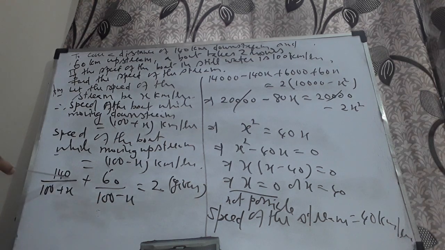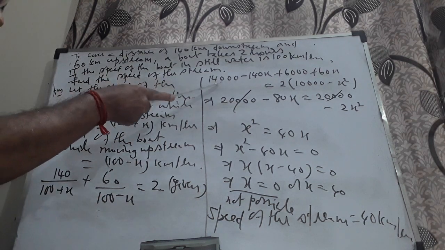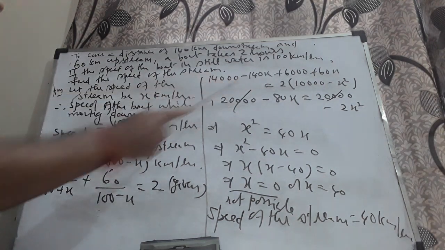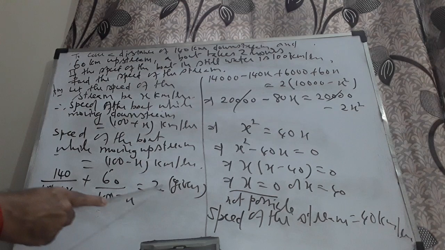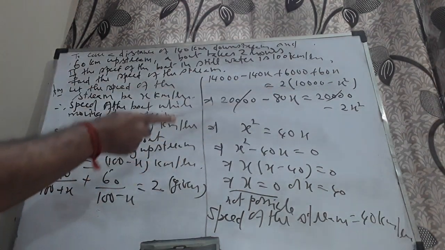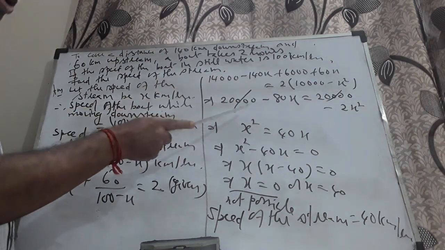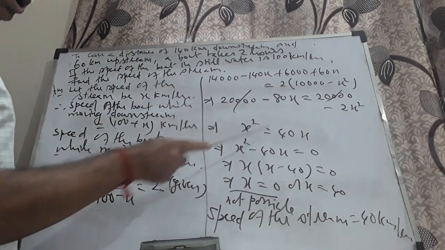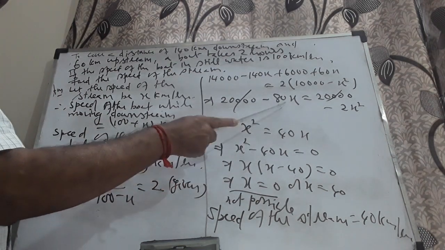Let me take LCM. 140 into 100 is 14,000 minus 140x plus 60 into 100 is 6,000 plus 60x equal to 2 into, applying a plus b into a minus b, 10,000 minus x square. 14,000 plus 6,000 becomes 20,000 minus 80x is equal to 20,000 minus 2x square. Our x square becomes 40x.